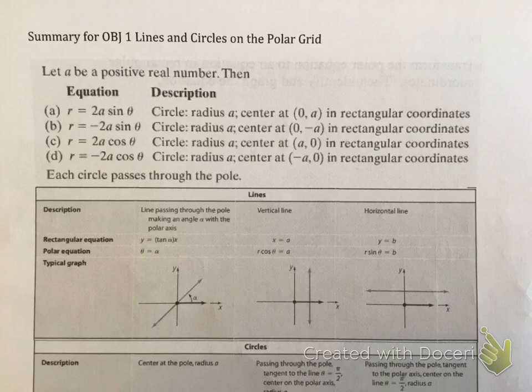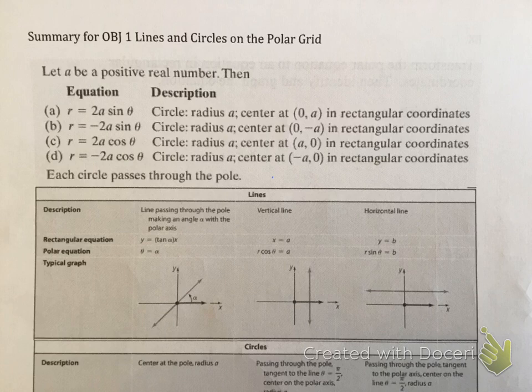Here's a summary for Objective 1, lines and circles on the polar grid. Let a be a positive real number. Then r equals 2a sine theta is a circle with radius a, and the center is at 0, a in rectangular coordinates. For instance, if you have r equals 10 sine theta, divide 10 by 2, and you'll know that the circle is centered at 0, 5.